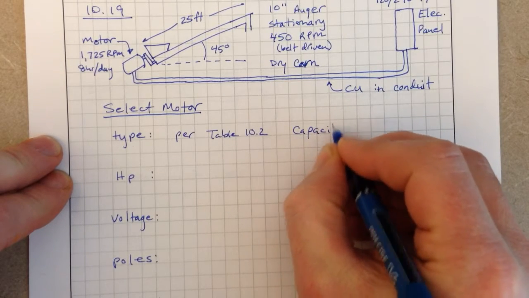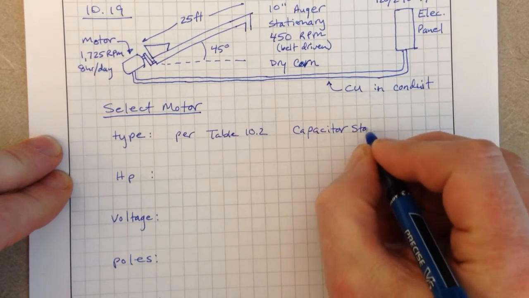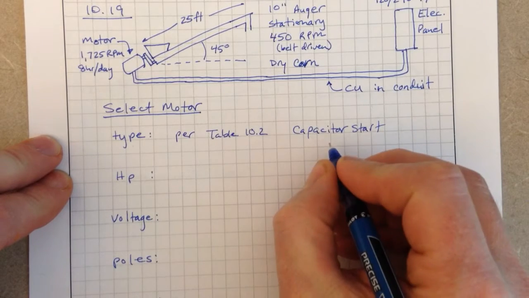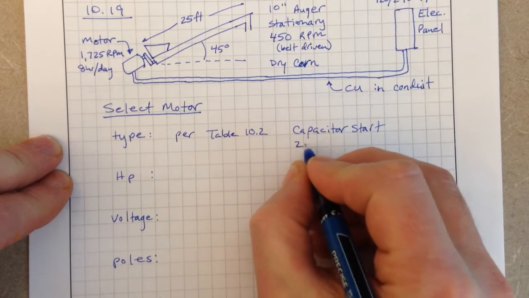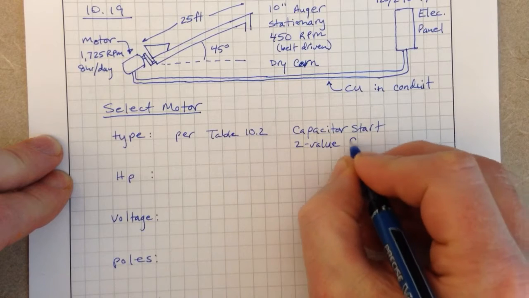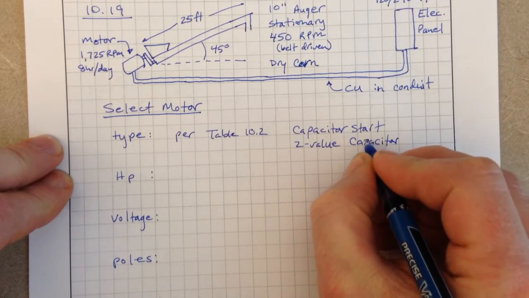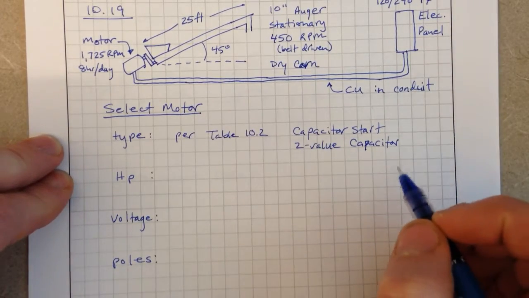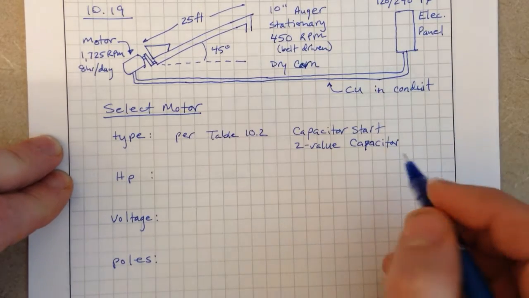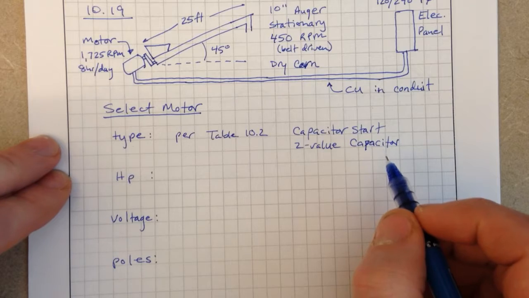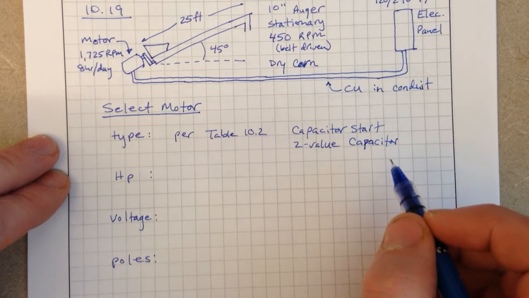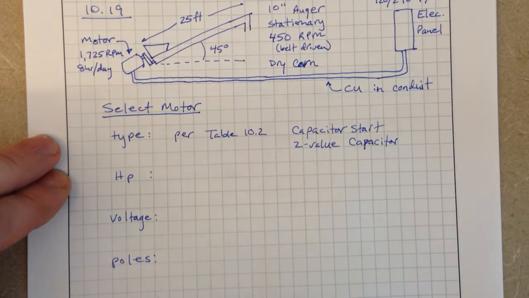But per table 10.2, we would look at either a capacitor start or a two-value capacitor motor, and those have to do with how the motors are started. These are both single phase motors, and if we remember, with single phase we can't just start it and expect the rotor to spin. We need some mechanism to get that rotor to start spinning.